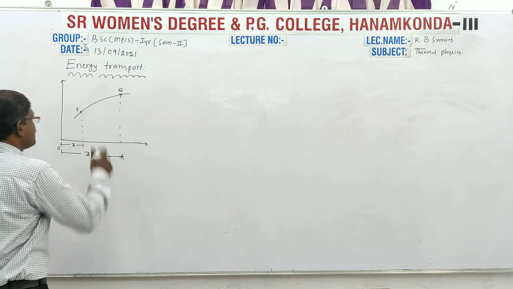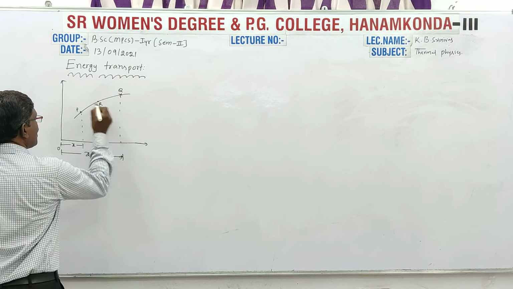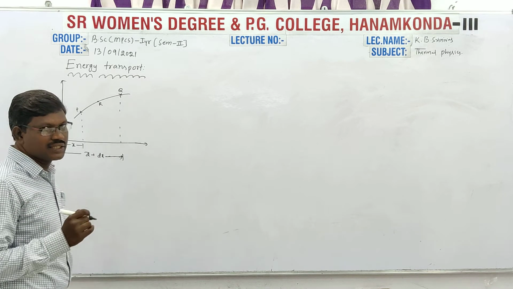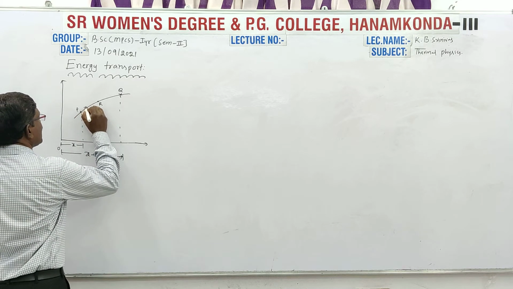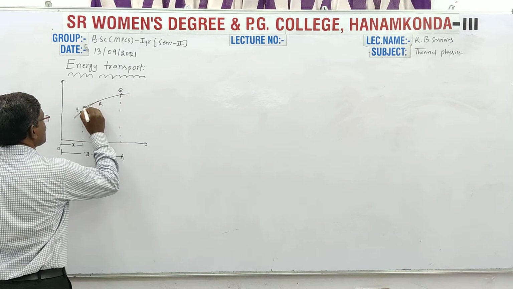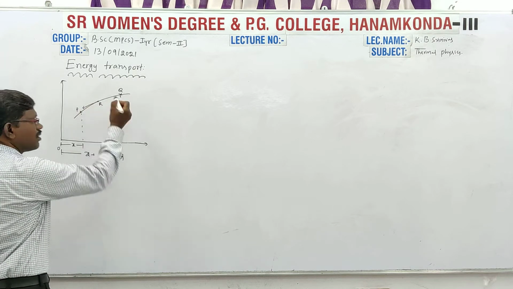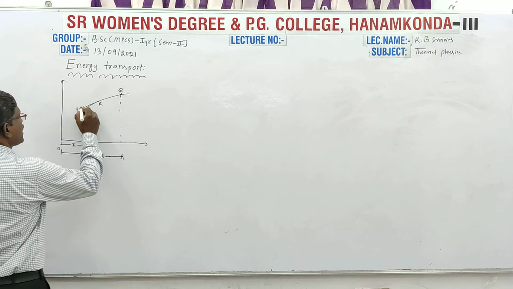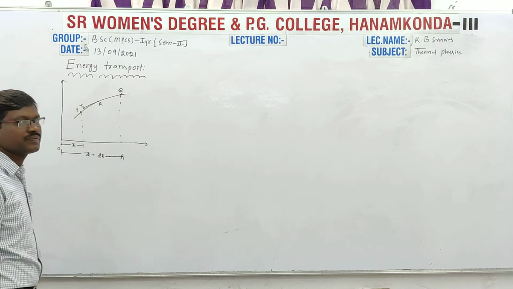Let us consider one point, capital R. I want to calculate the tension at point R. Whenever we calculate tension at a given point on the string, we have to resolve it. Generally, we draw a tangent to the wave, which gives the tension at a given point.